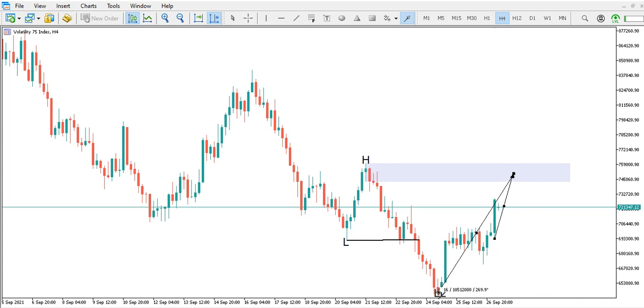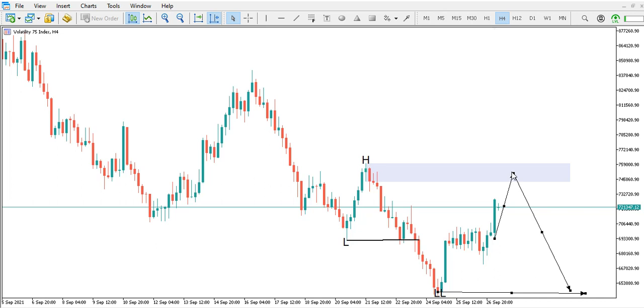Then this price will be our take profit one, only if this order block is respected.